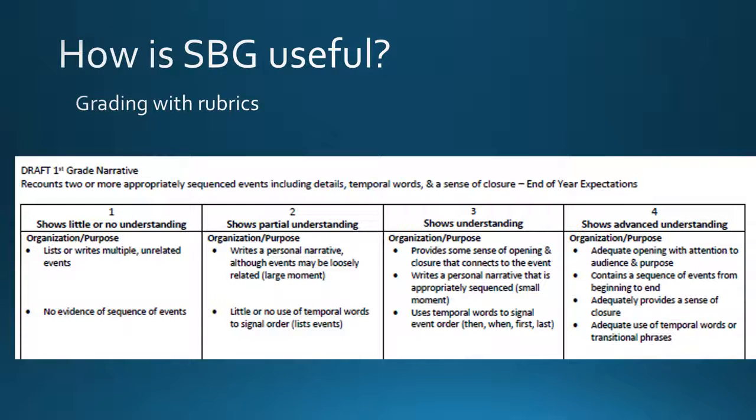Standards are also very useful for grading, of course. What you see before you is a part of a rubric for a first grade writing prompt. Here, the columns 1, 2, 3, 4 do not relate to grade levels, however they relate to degree of understanding. A teacher can use a rubric to very objectively score a student's writing.